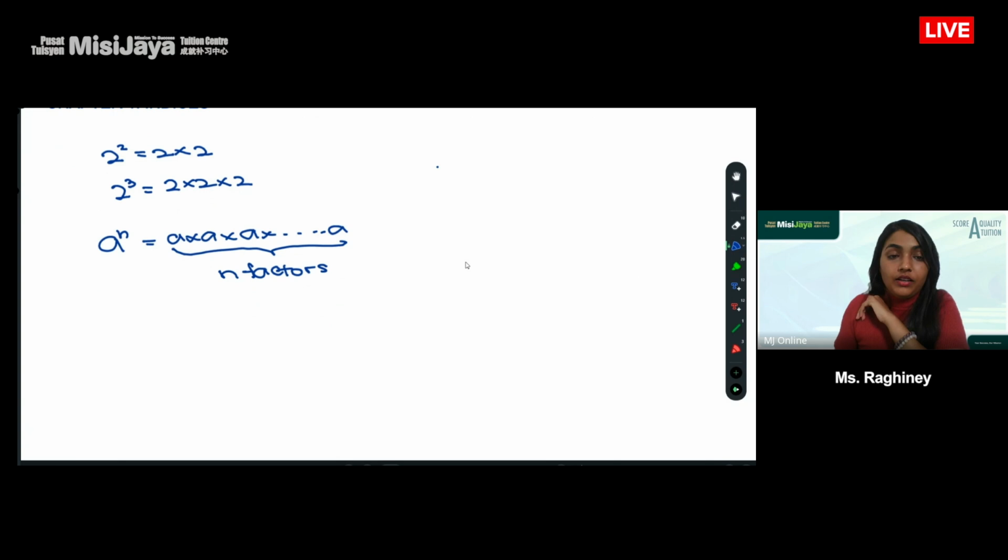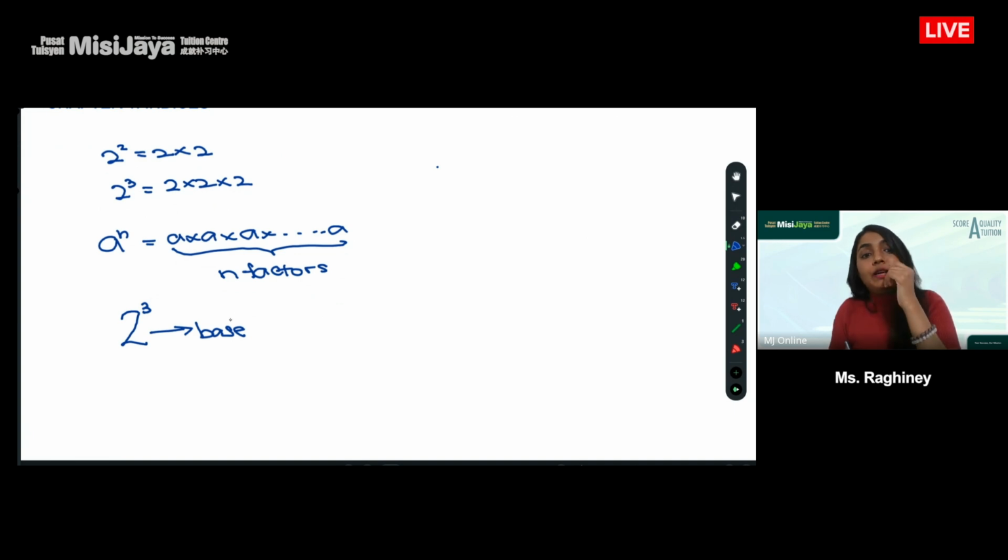Now let's learn some terminology in indices. When I write 2 to the power 3, this part of the index notation is known as the base.